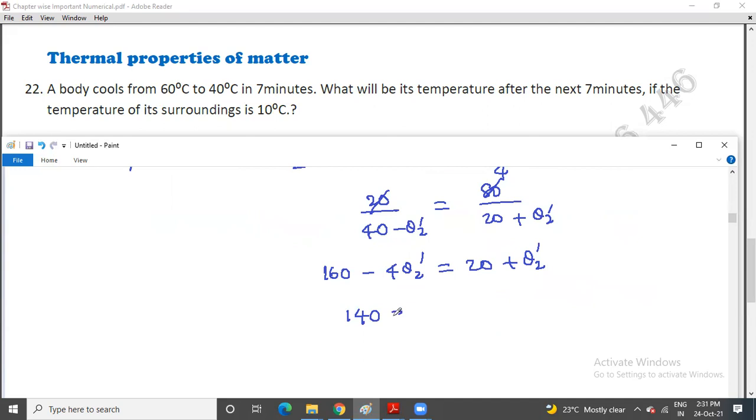It will be 5 theta 2 dash. So theta 2 dash is equal to 140 by 5. So 5 2s are 10, left 4, 40, 28. So 5 8s are 40. So 28 degrees centigrade.